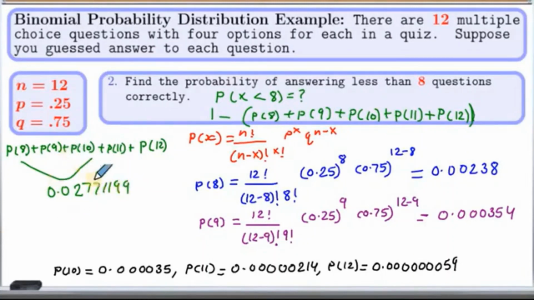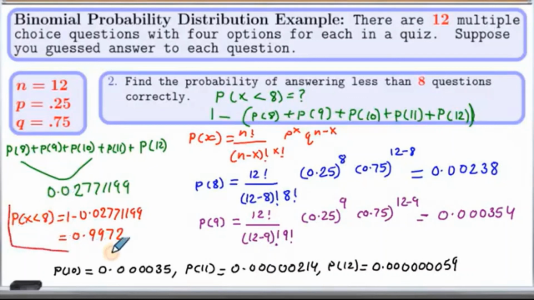Now we can subtract this number here from 1 to get this probability. This is equal to 0.9972. So this is what we are supposed to find here. So the probability of answering less than 8 questions correctly is 0.9972.